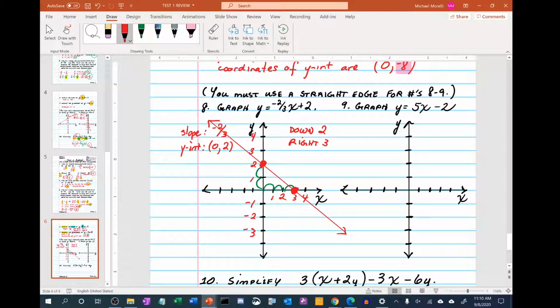Now we'll do number 9. y equals 5x minus 2. Here, my slope is 5, but we're going to interpret it as 5 over 1. In other words, up 5, right 1. My y-intercept is negative 2, which means it's located at (0, negative 2).